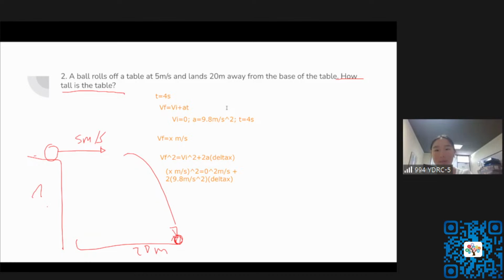Let me differentiate between Aaron's. Where's the other Aaron? Okay, the Aaron without the last name. How did you get that? Aaron, are you there? Okay, he's not responding.